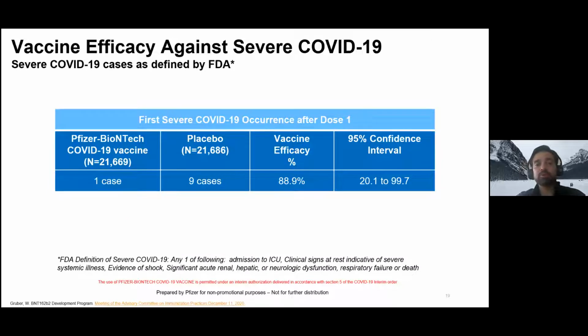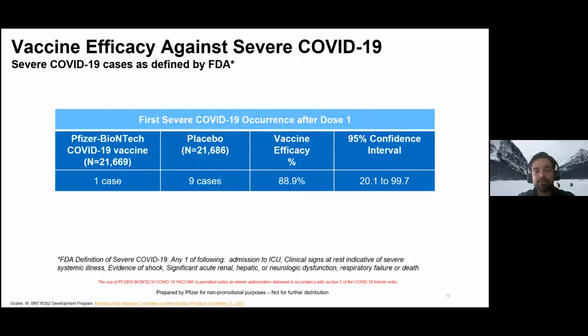We also wanted to investigate the efficacy against severe COVID-19. Now, when we talk about severe form of the disease, different institutions may have different kinds of criteria. For this one, there was a criteria defined by FDA.